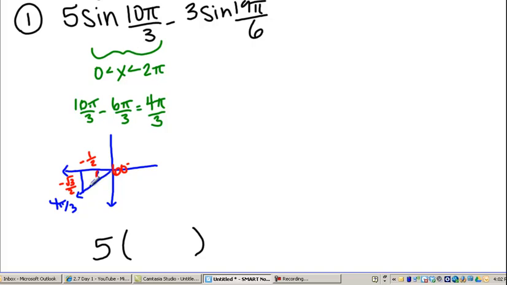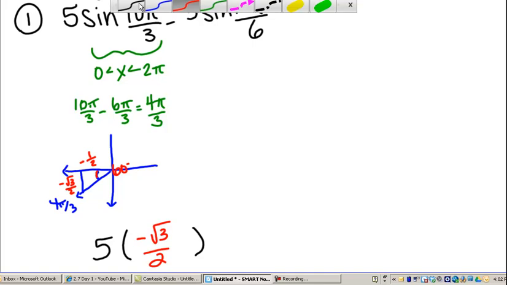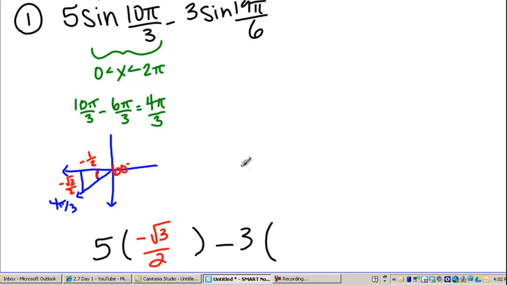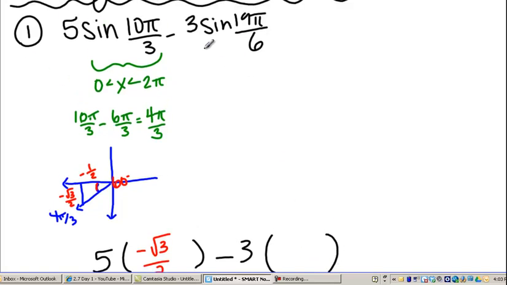R doesn't really matter because r is 1 in this case. So our sine value is negative square root of 3 over 2. Automatically, hopefully you think this looks a little bit easier than what we were just looking at over there. Okay? So, moving on to the second one.